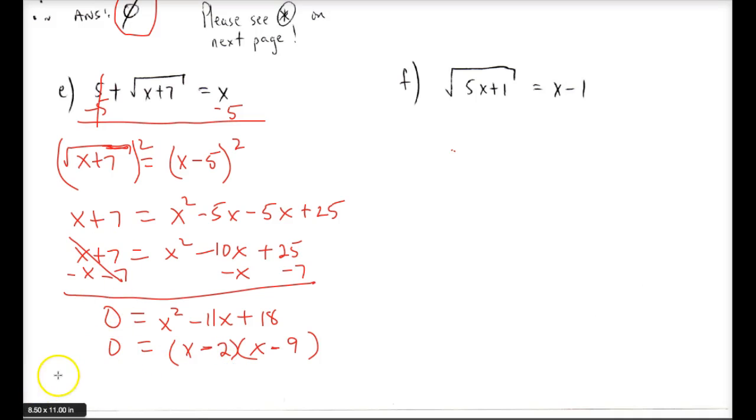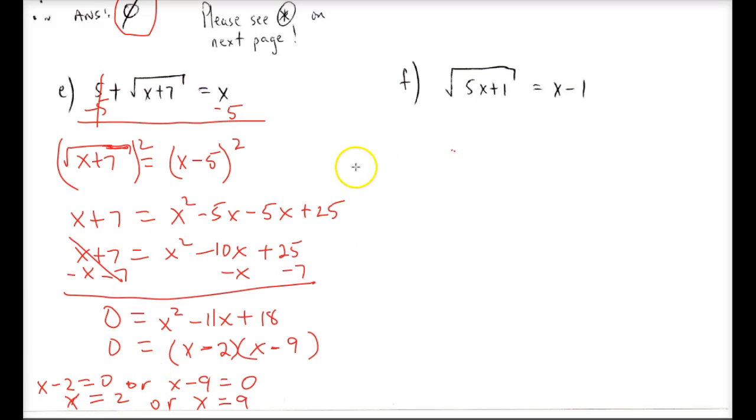And so we know that that either means that x minus 2 is equal to 0 or x minus 9 is equal to 0, which in turn, if we add 2 to both sides, that just means that x is equal to 2, or that x is equal to 9 if we add 9 on both sides. So 2 or 9 would be the solution there.